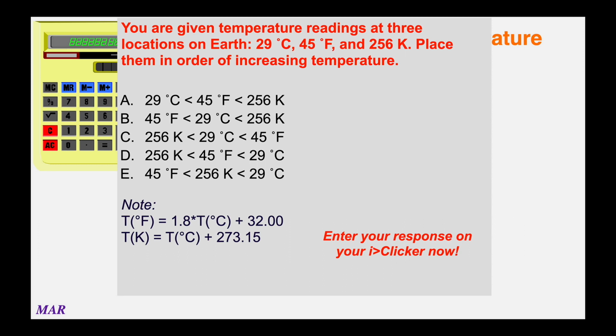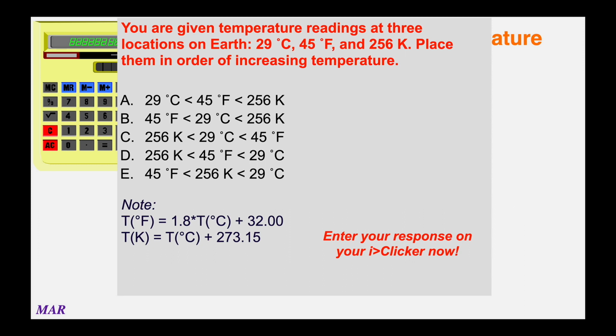So for 256 Kelvin, you would subtract 273.15 from it to get the value. That's going to be something that's pretty cold. It's going to be a negative number. So 256 Kelvin will definitely be colder than 29 degrees Celsius.